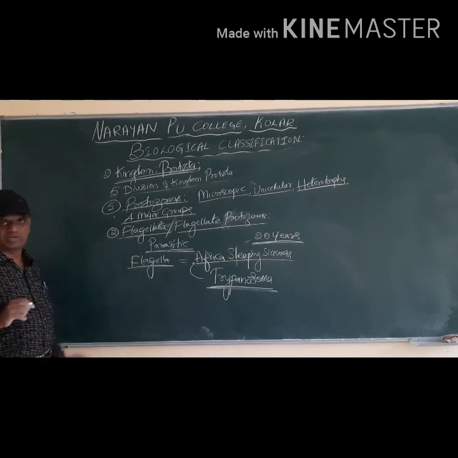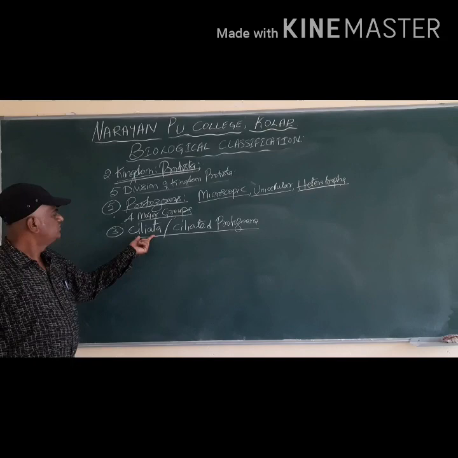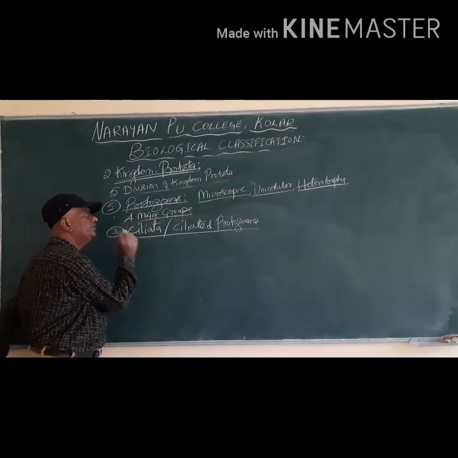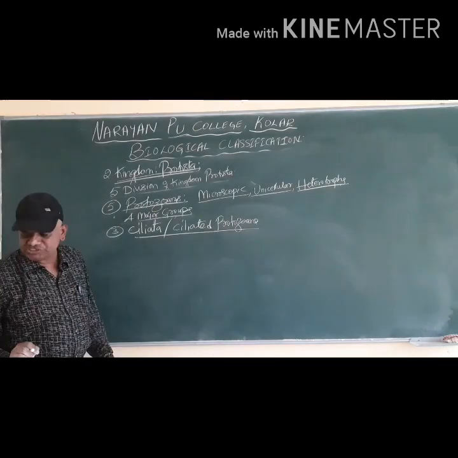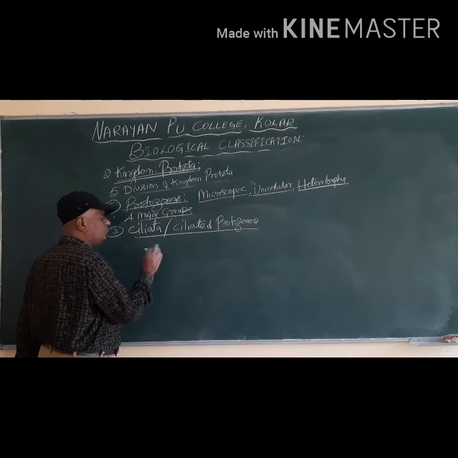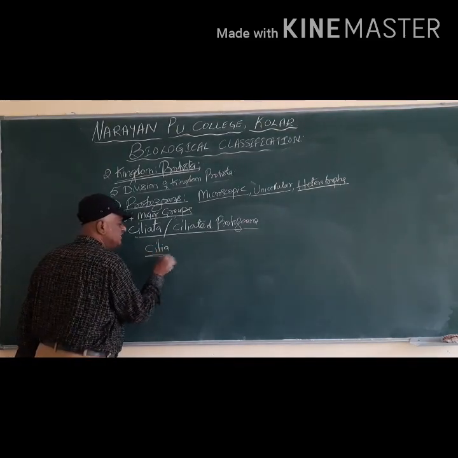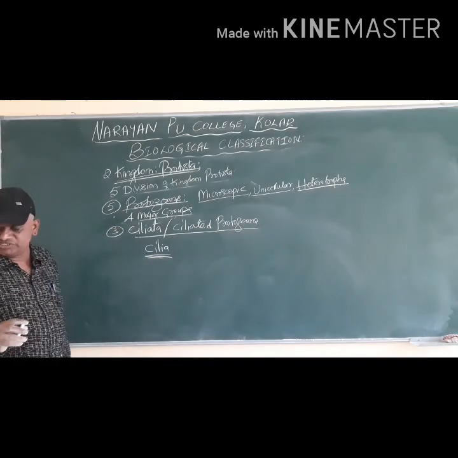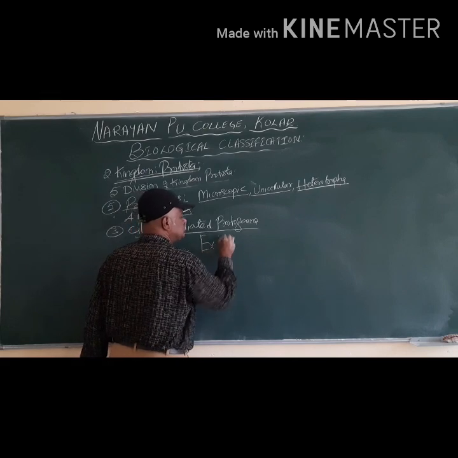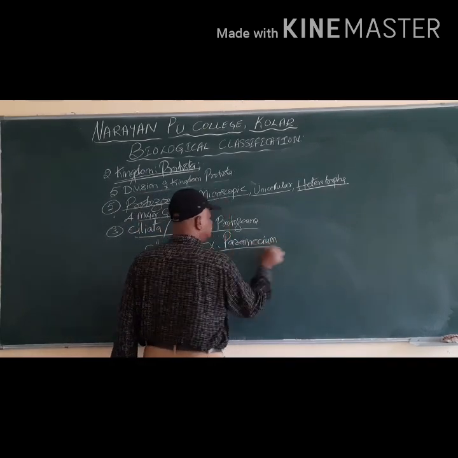We'll go for the next one, ciliata or ciliated protozoans. Again, they are microscopic, unicellular and heterotrophic. The locomotory organs are in the form of cilia, and the example is Paramecium.